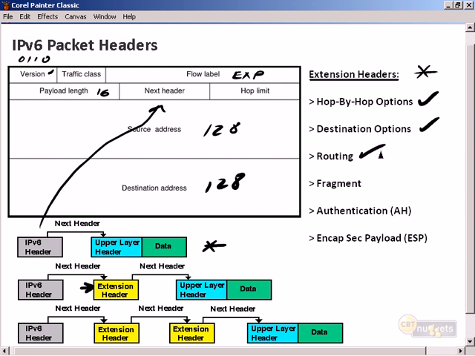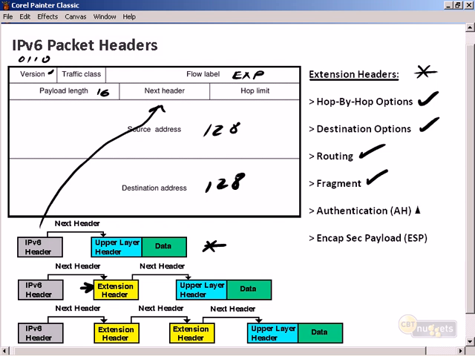The routing extension header is basically going to provide some of the same things we had with IP version 4. It designates one or more intermediate nodes or router hops that have to be included in the packet's path from source to destination. So we can actually dictate the path that it takes. The fragment extension header is there. This is actually going to be pretty rare in IP version 6.